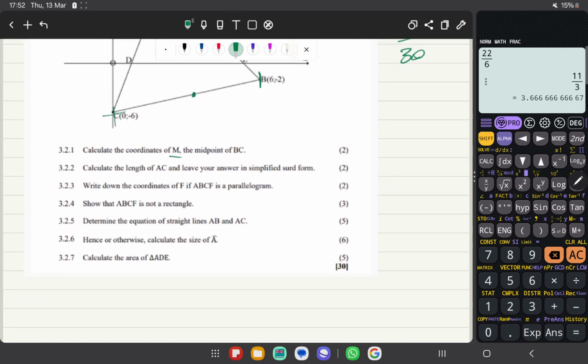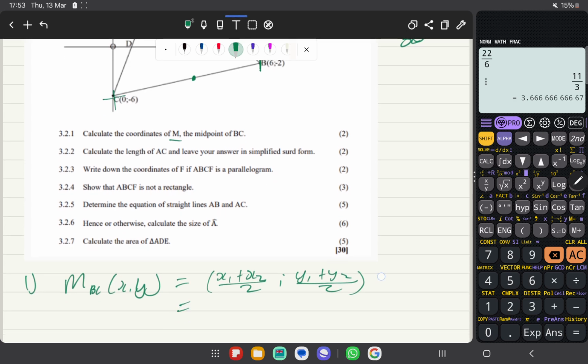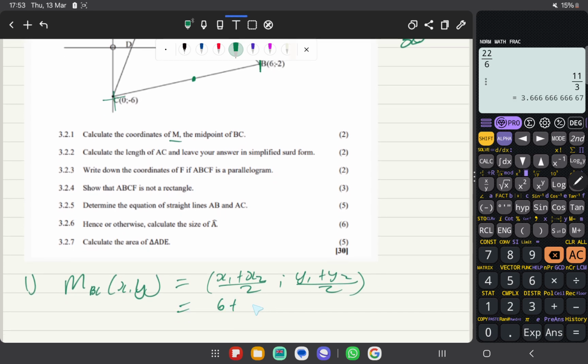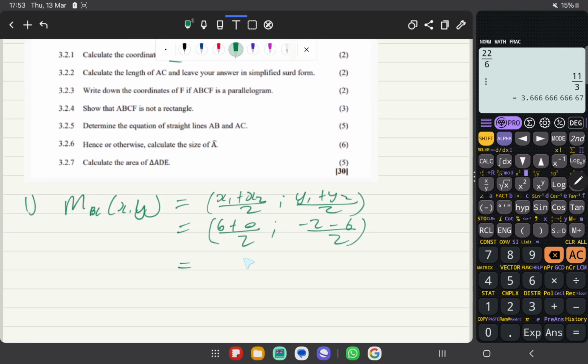So we say the midpoint of BC (x, y) is x1 plus x2 divided by 2, y1 plus y2 divided by 2. Now substituting, I have 6 plus 0 divided by 2, and minus 2 minus 6 divided by 2. The answer will be 6 over 2, minus 8 over 2.